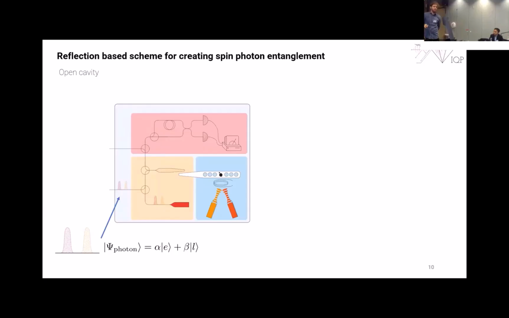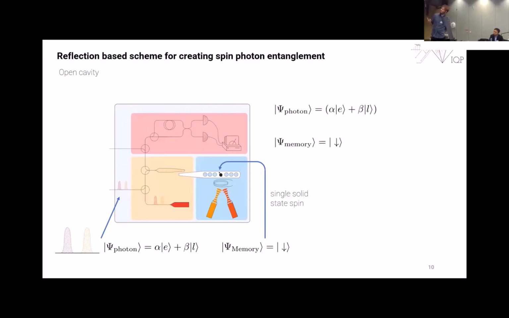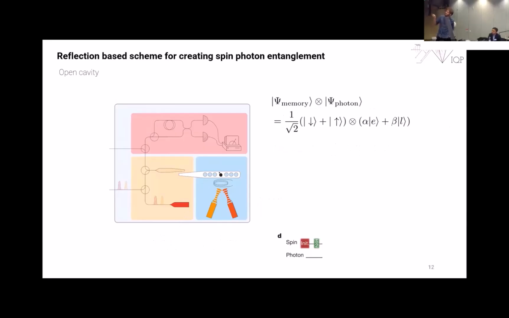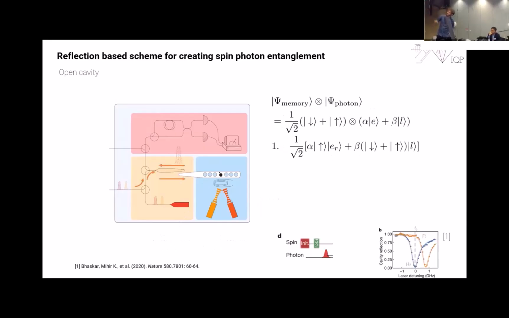Again, let's say you can prepare such an initial state. Remember, the goal is spin-photon entanglement. Your memory is initially prepared in spin down. Then you again prepare an equal superposition of your spin, either with a microwave or optically. This is your initial state. So the first thing that happens is, these are time intervals, right? The first photon that will interact with the cavity will get reflected off it.